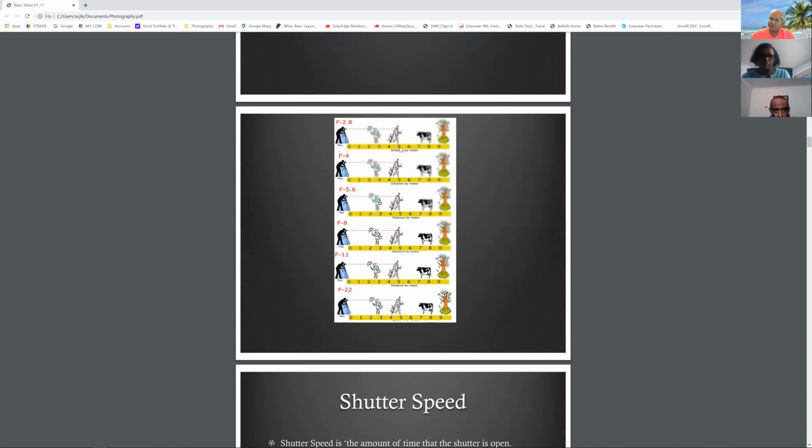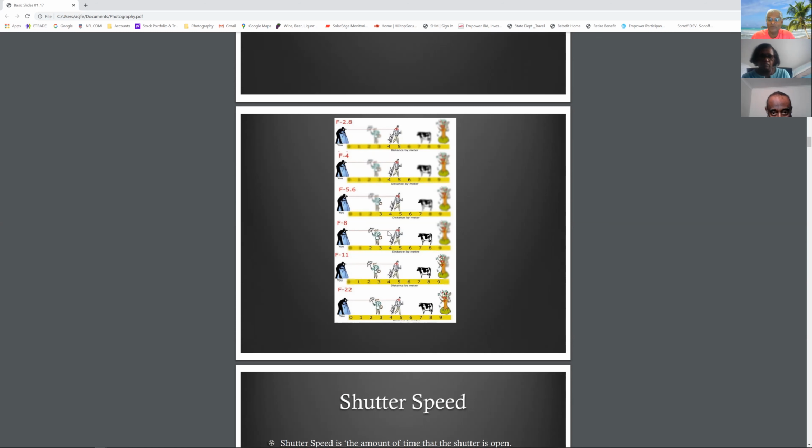Because when you take a picture, you have to really concentrate on communicating something. It's not just taking a picture, it's a way of communicating. So when you communicate, you need to focus on the areas that you want to communicate, whether you want to focus on only one part or a longer part.